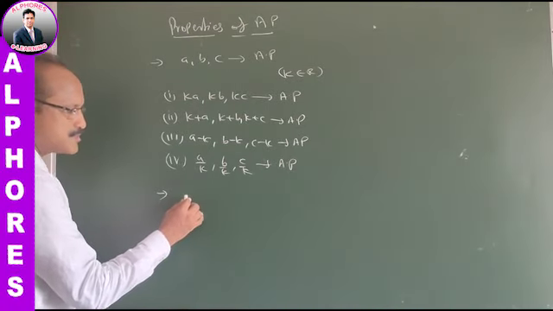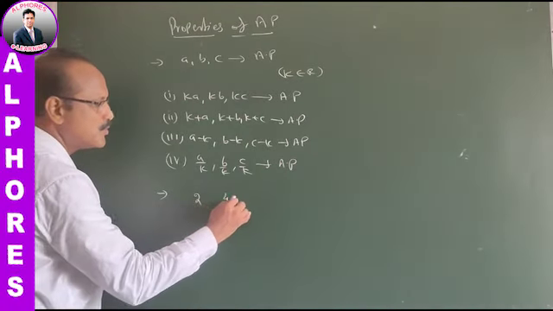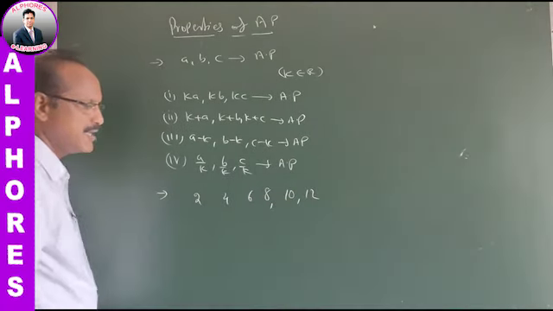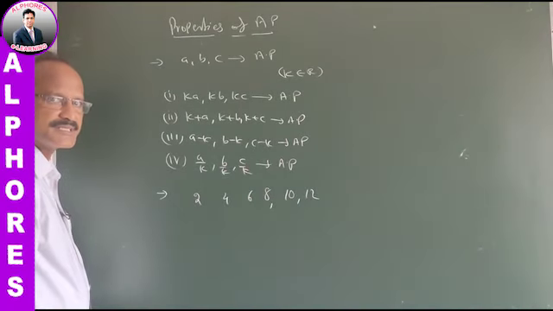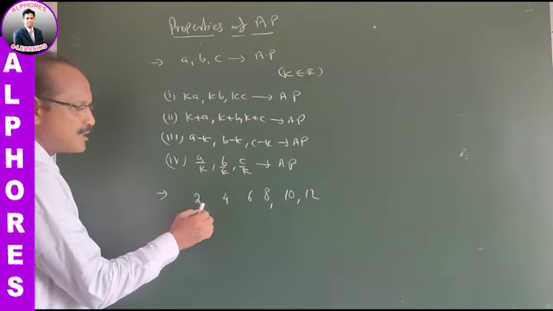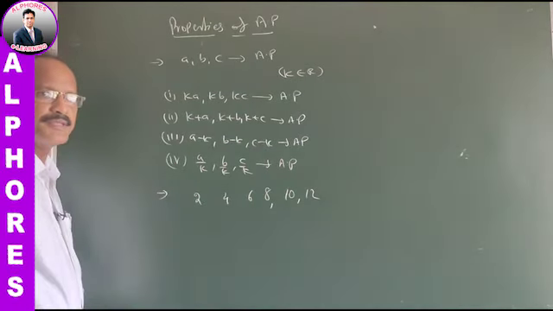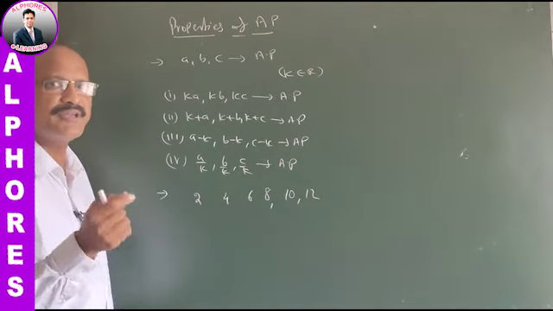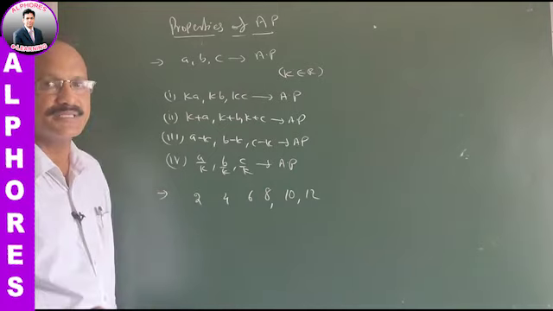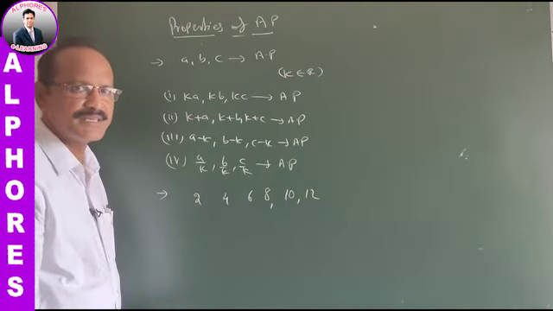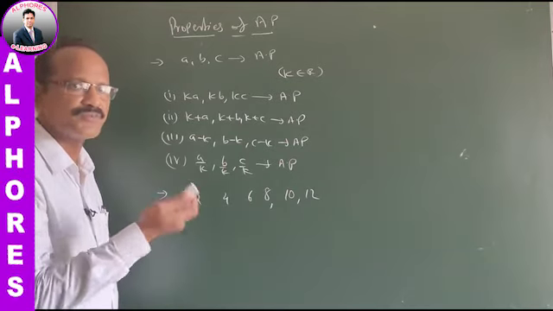suppose 2, 4, 6, 8, 10, 12 is an AP series. The sum of the terms from the beginning and ending is always equal. The terms which are equidistant from the beginning and ending, their sum is always the same and is equal to the sum of the first and the last.